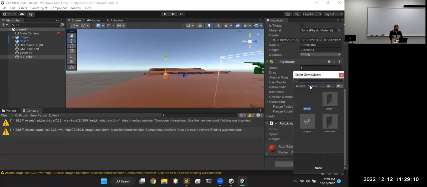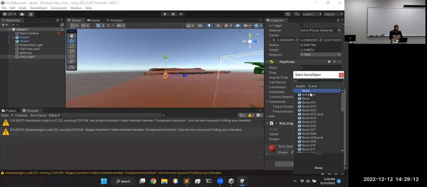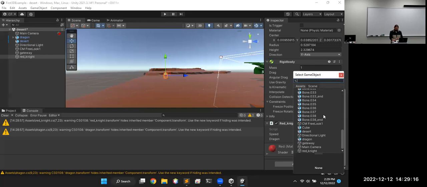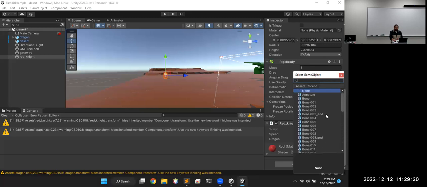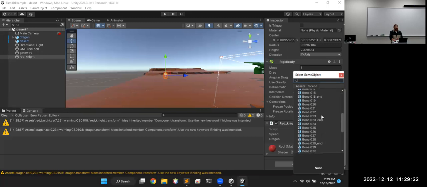So if I go to assets or scene, you can see there's a lot of stuff in this scene. Our dragon's animated, so we don't just have the dragon, we have all the bones and the armature of the dragon data, not just the game object.